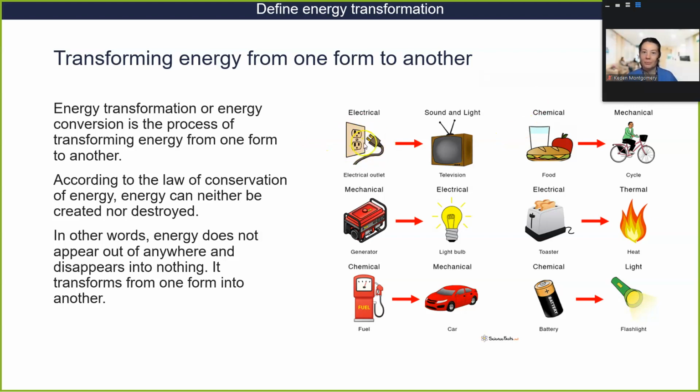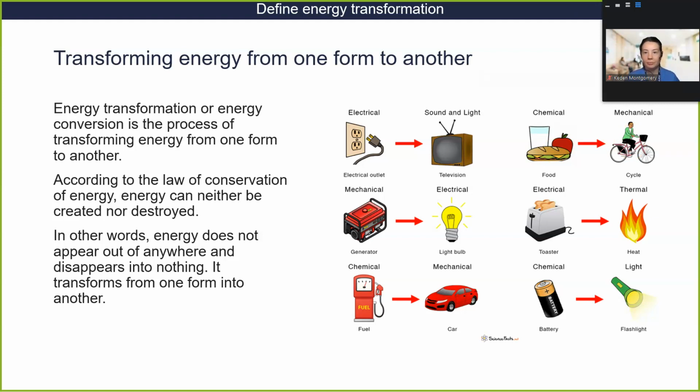Your electrical outlet sends electricity to your TV. So your TV converts electricity to sound and light. This flashlight converts the energy in the battery into light. And you, as a person, convert food into movement.